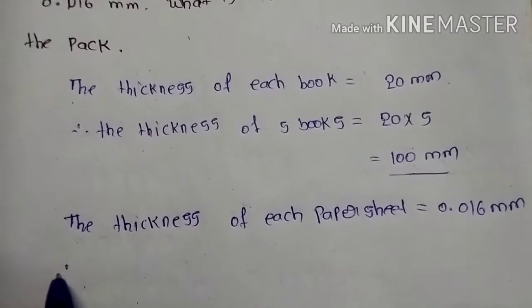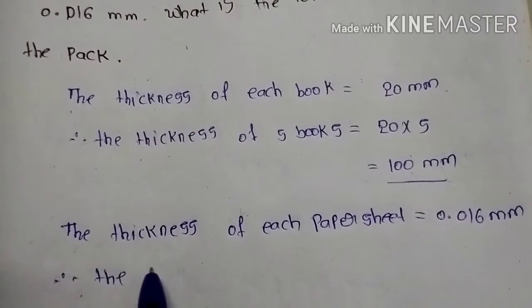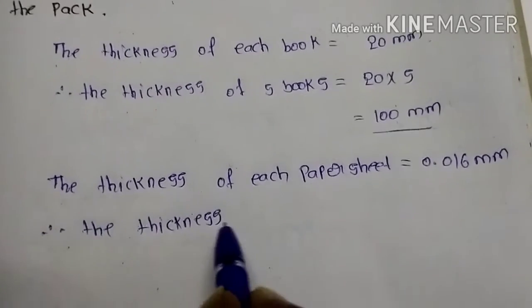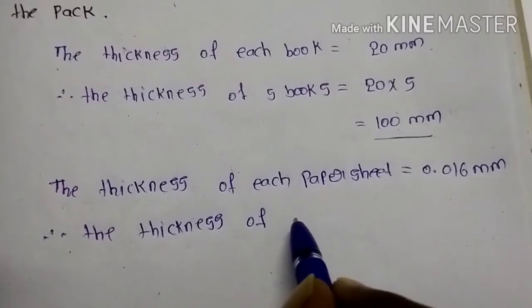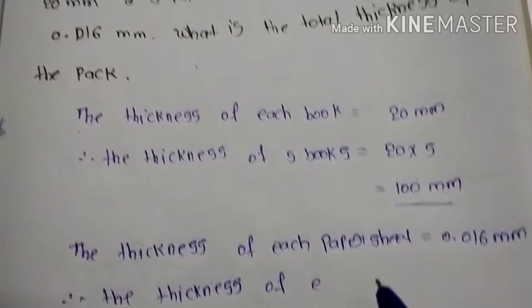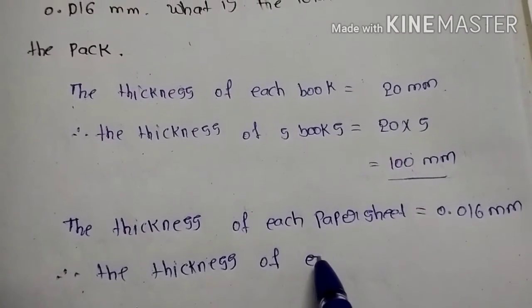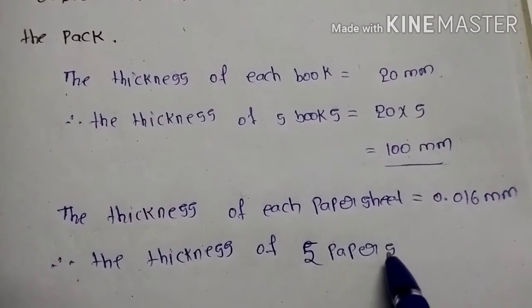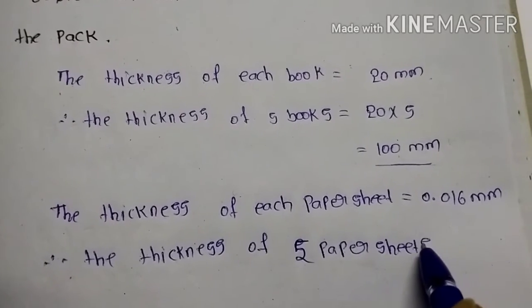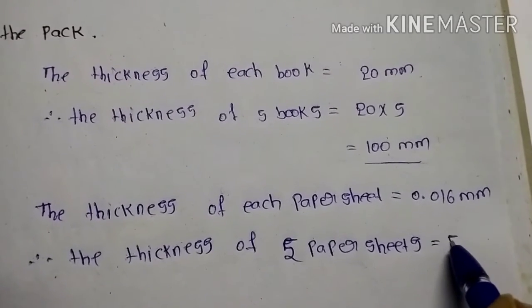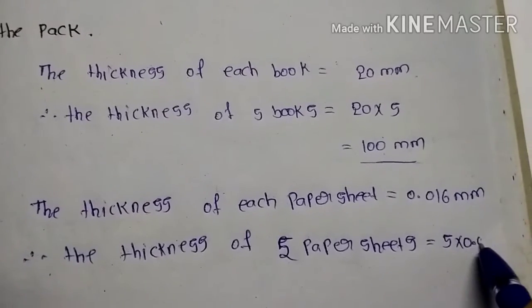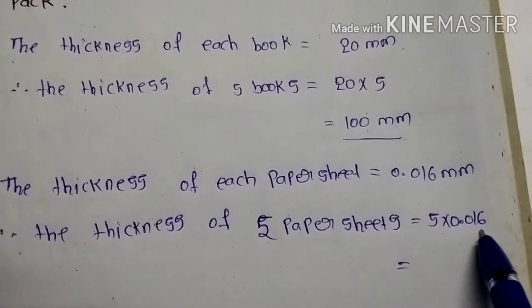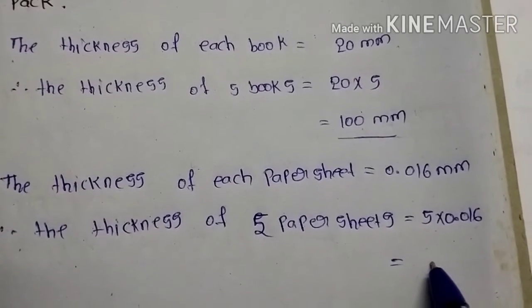Therefore the thickness of 5 paper sheets is equal to 5 into 0.016. Just do the normal calculation. 16 times 5 is how much? 80 only. Yes or no?